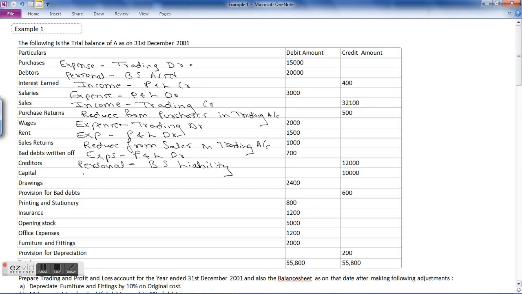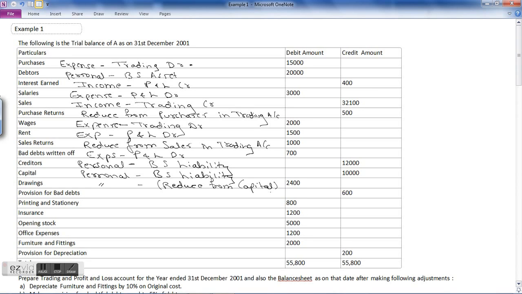Capital again is a personal account, balance sheet, liability side. Now drawings is also a personal account. But instead of showing drawings in the balance sheet asset side, what we are doing is we'll reduce it from capital in the balance sheet.